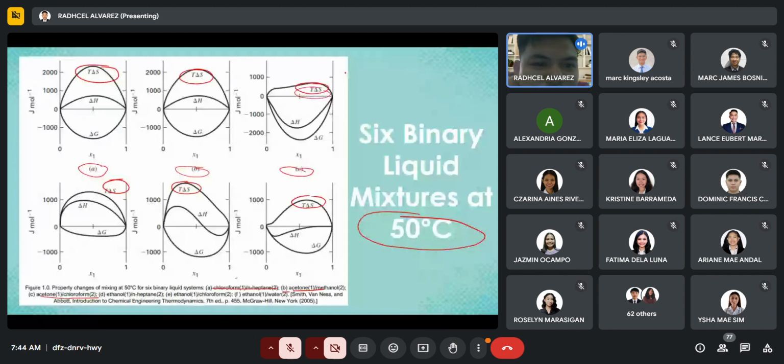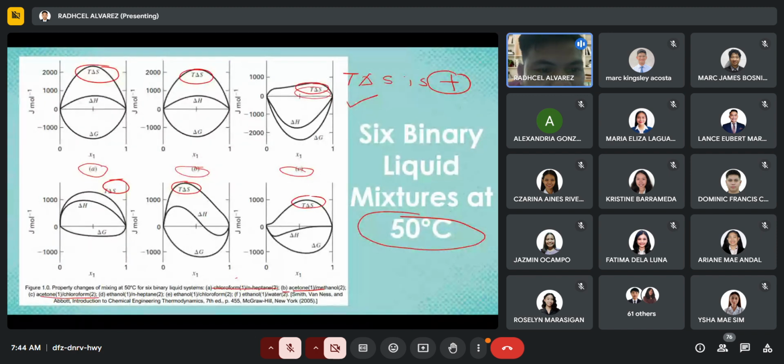So, ano observation natin doon? Ibig sabihin, pwede nating masabi that all the values are positive. So this is one observation.